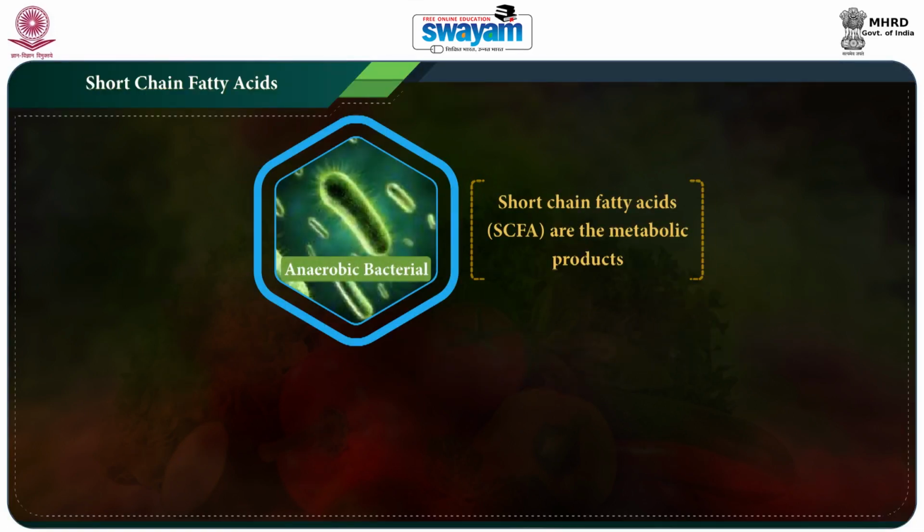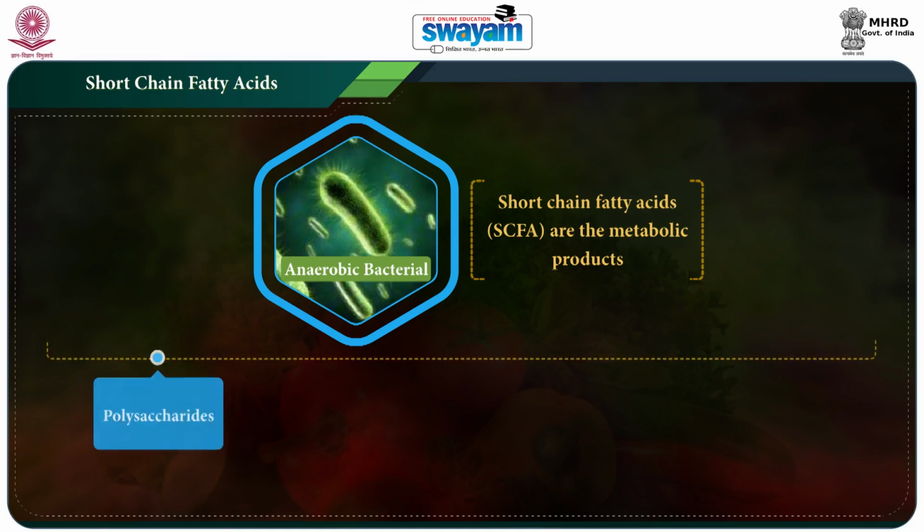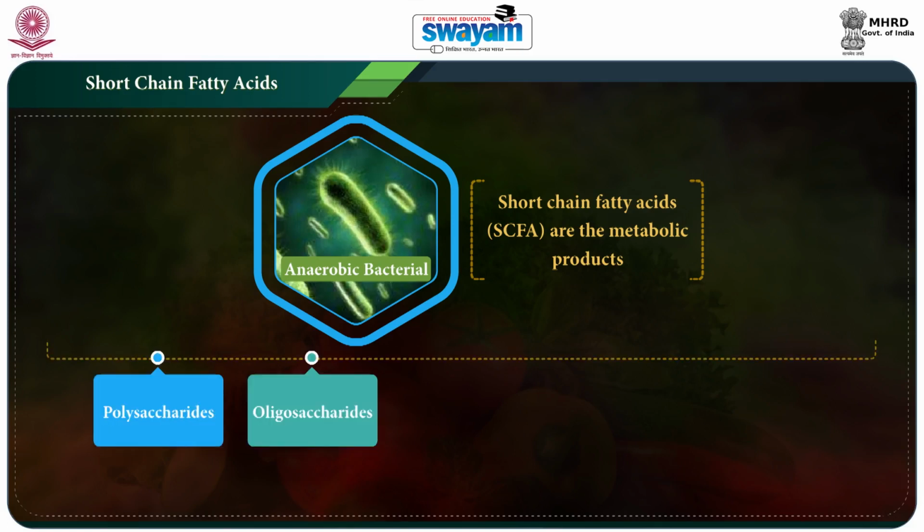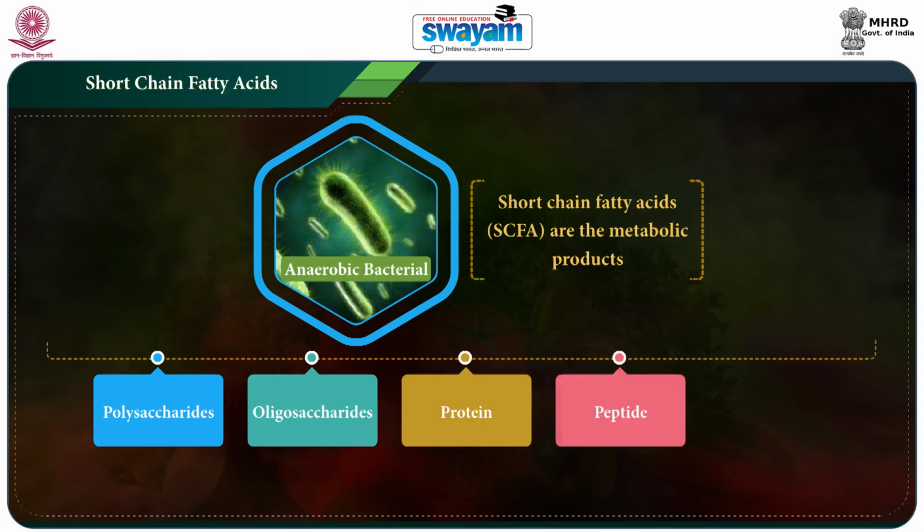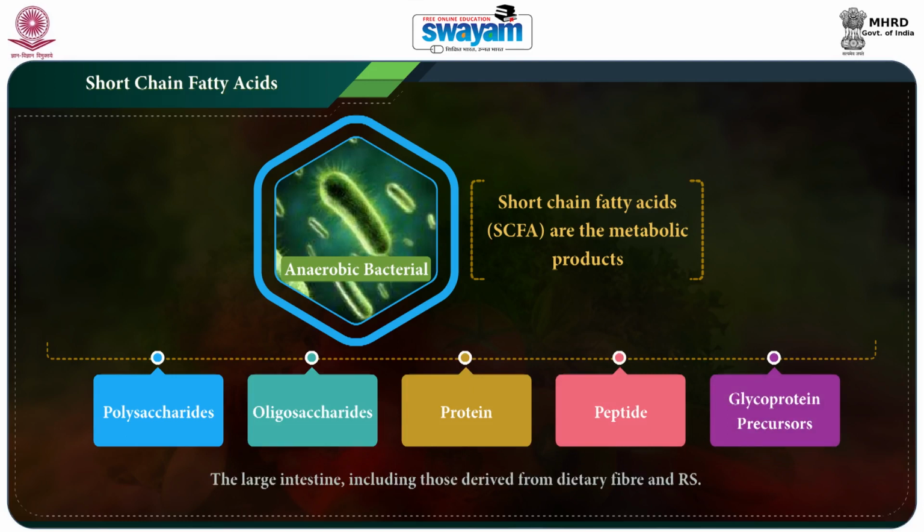Short-chain fatty acids are the metabolic products of anaerobic bacterial fermentation of polysaccharides, oligosaccharides, proteins, peptides, and glycoprotein precursors in the large intestine, including those derived from dietary fiber and resistant starch.